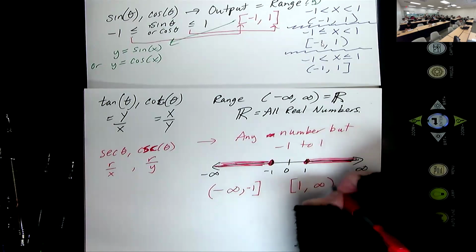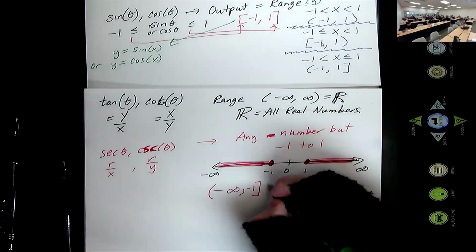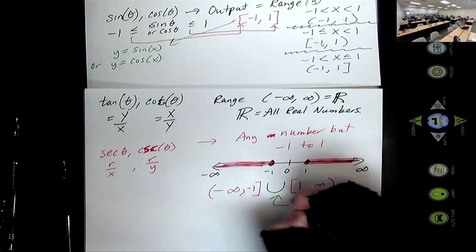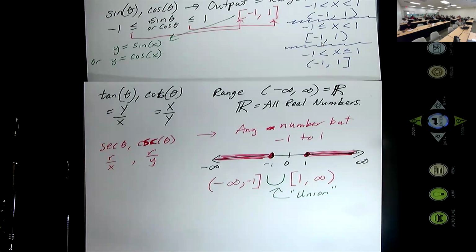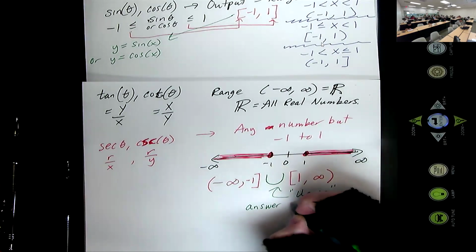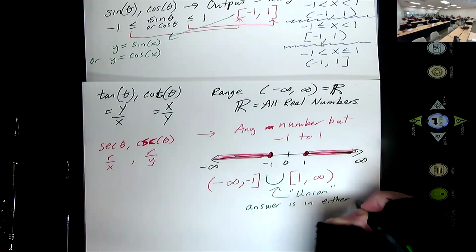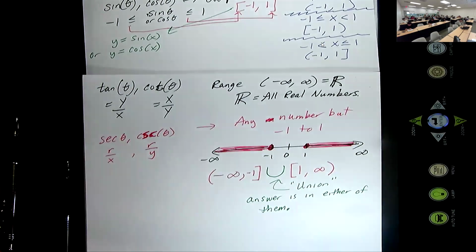The 1 is included, but the infinity is not. Since it has two different regions, we put this giant U in the middle. It tends to be a fat capital U. This symbol means union, and it means the answer is in either of them. Both are valid solutions, ranges.